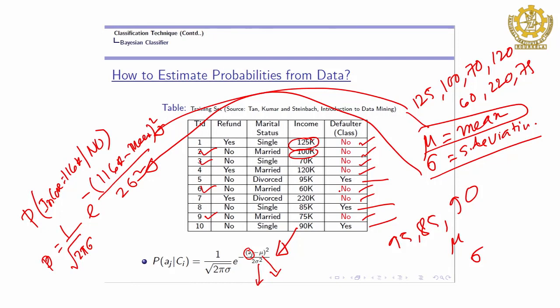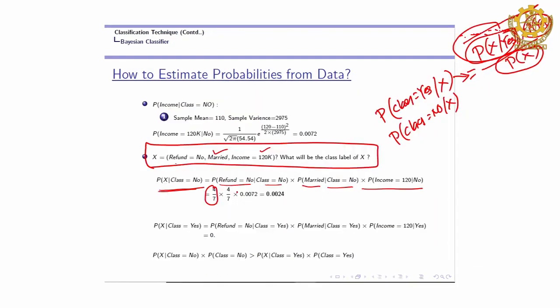You count how many have refund no: 1, 1, 1, 1, that is 4. So refund no given class no is 4 out of 4. Similarly, for marital status married given class no, you count how many: 1, 1, 1, 1, so this is 4 out of the class value 4. This is done, and for income we already computed it here, so we directly put this value.